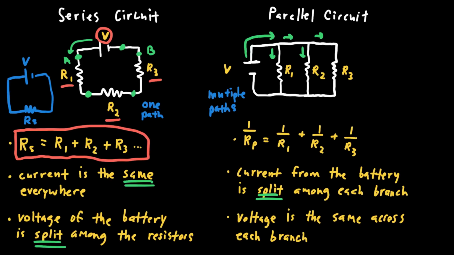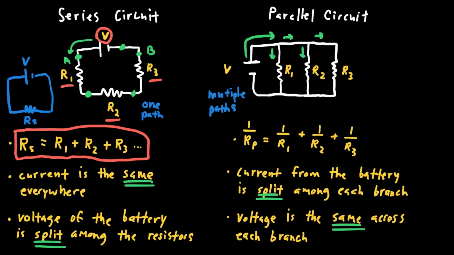And lastly, the voltage across each branch of a parallel circuit is going to be the same. And the reason for that, as I said previously, is that voltage at a particular point is associated with the point, and differences in voltage, or potential differences, are associated with the difference in potential between two different points on a circuit.